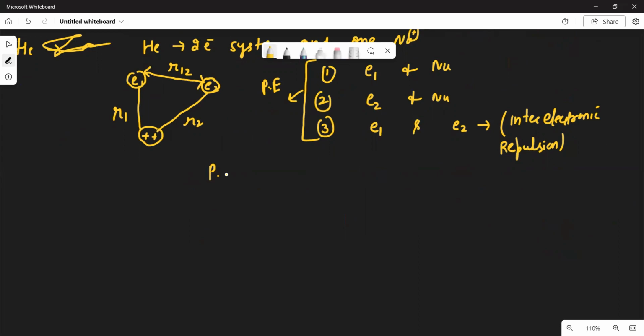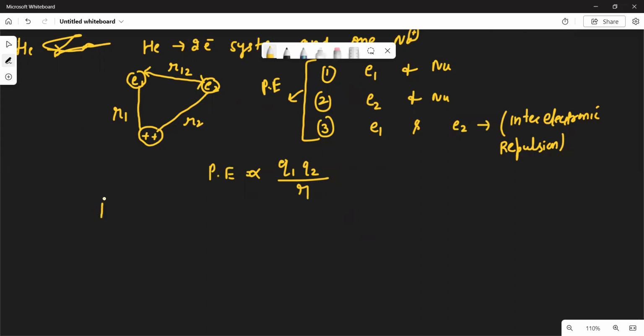So here we will write the potential energy of the system. We know the formula for potential energy. It is proportional to Q1 into Q2 by R. Q1 and Q2 represent the charges, and R represents the distance of the electron from the nucleus. Let's suppose Q1 represents the charge on the nucleus, Q2 represents the charge on the electron.